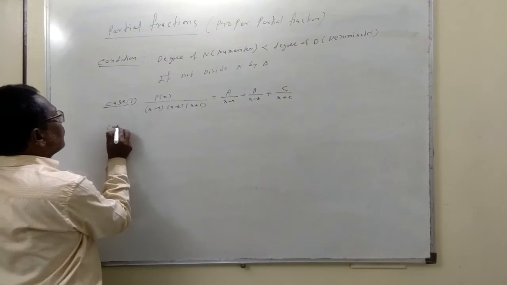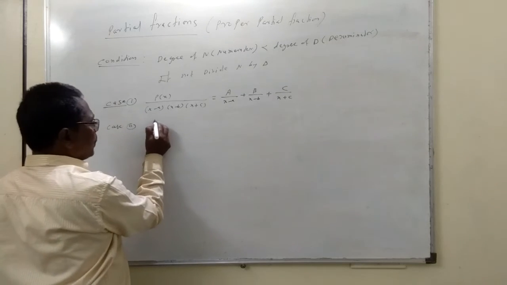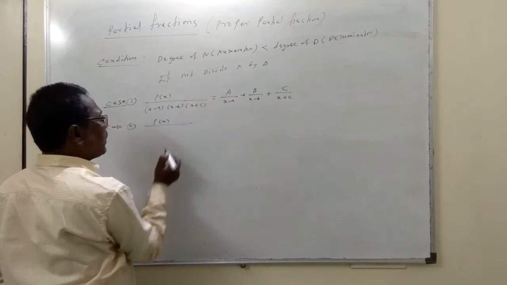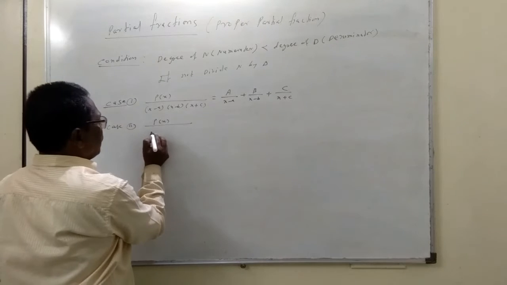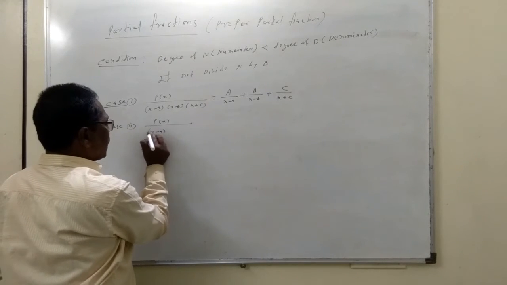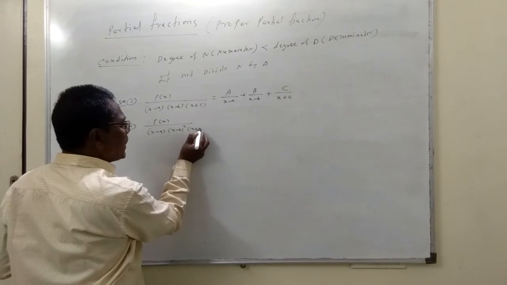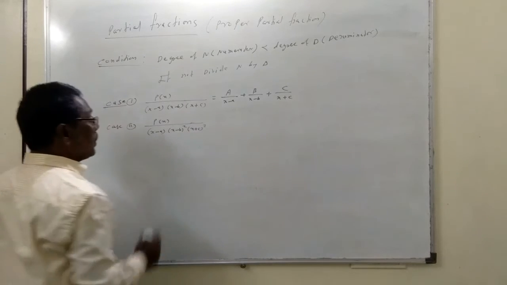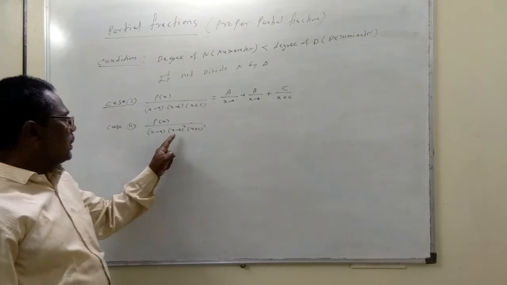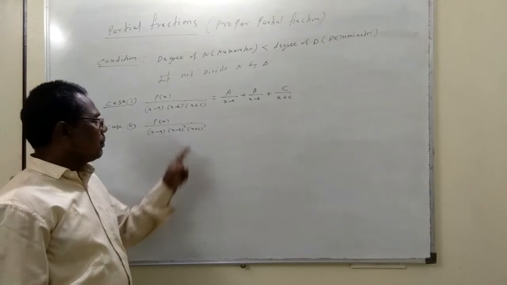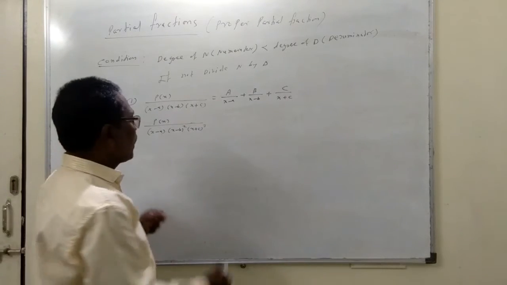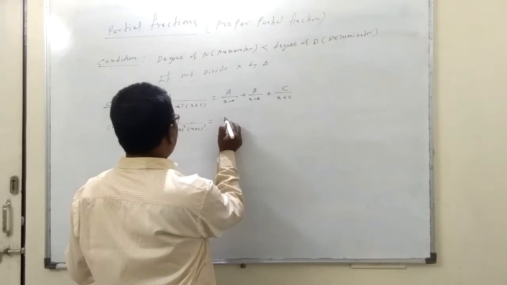Now case second: suppose the degree of the numerator is less than the degree of the denominator, and here some factors are, suppose, (x minus a)(x minus b) square (x plus c) cube. Here the factors are linear, but the second factor is repeated twice and the third factor is repeated thrice. In this case, how will we take the partial fraction?